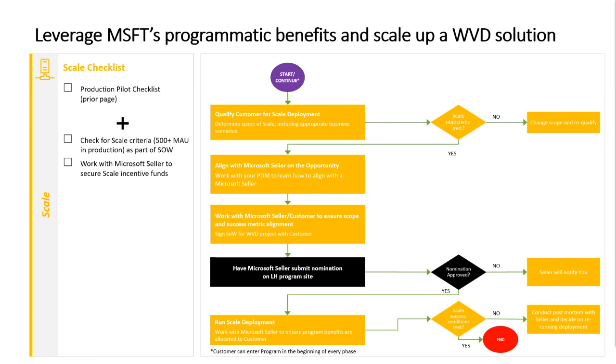Then let's try and submit that through and get onto the program, because part of the offerings from the scale phase is access to the engineering resources and engineering support for WVD, and direct access to the global black belt available for WVD, or the champions available in New Zealand.